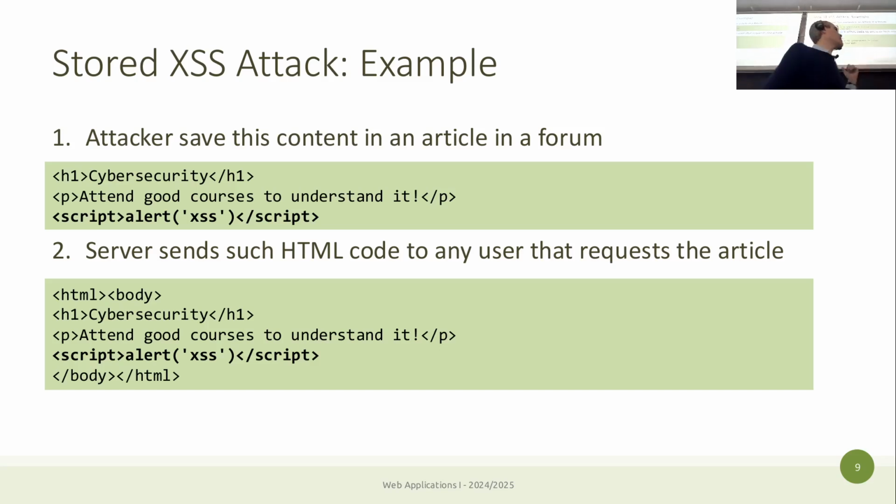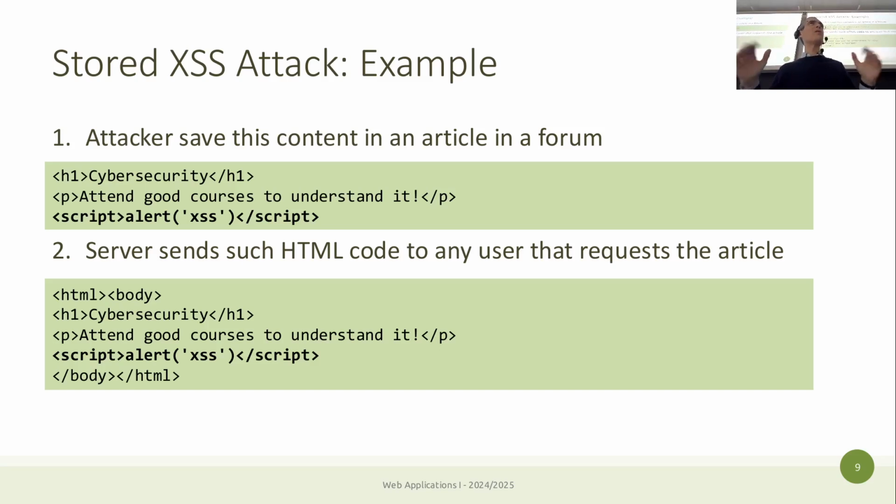Okay, so in this case, for instance, we should be very, very careful not to store text or in general code that has the potential to perform malicious actions. Like a very simple example, forbid all script text.